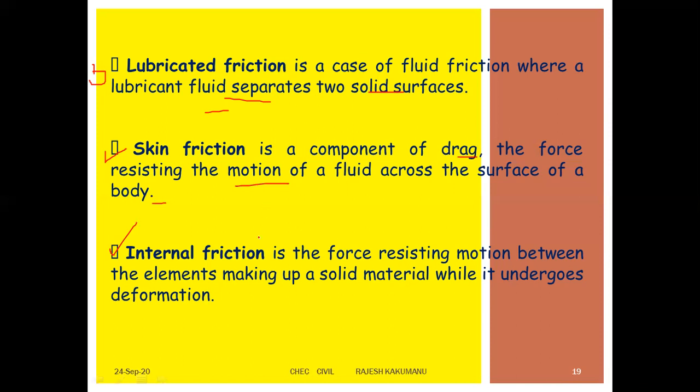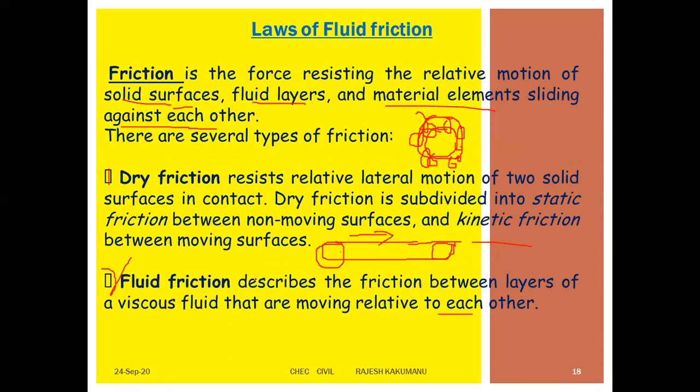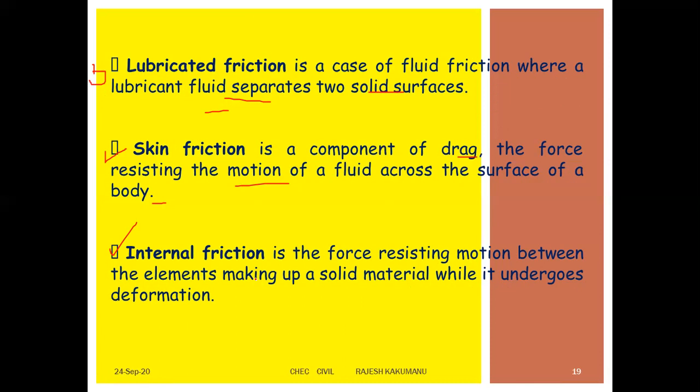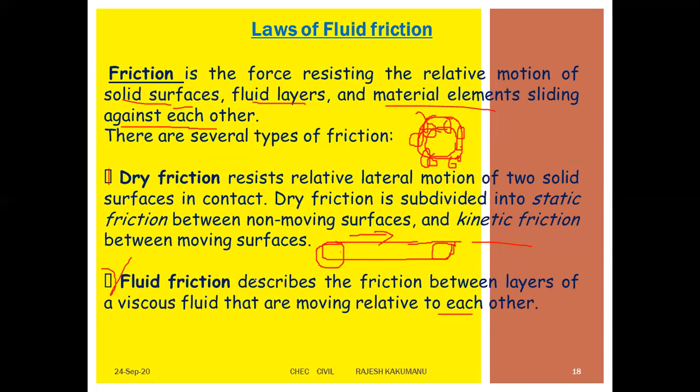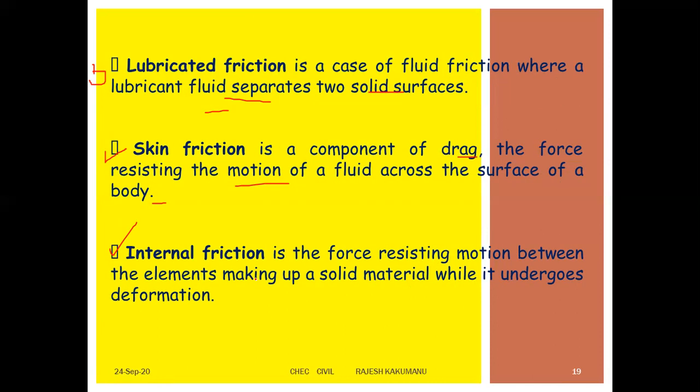Next one. So these are the various types of friction. First one is dry friction. Second one is fluid friction. Third one is lubricating friction. Fourth one is skin friction. And another, internal friction. Dry friction, fluid friction, lubrication friction, skin friction, and internal friction.